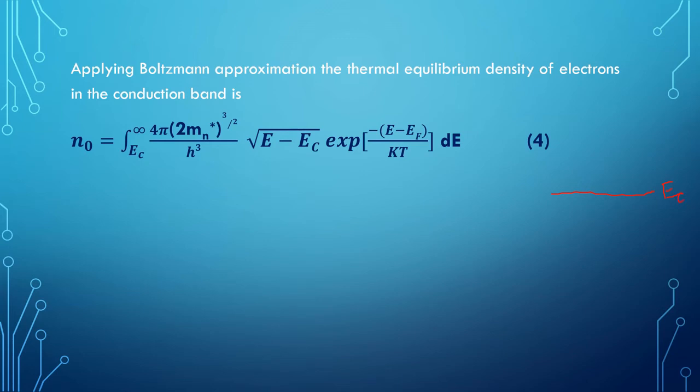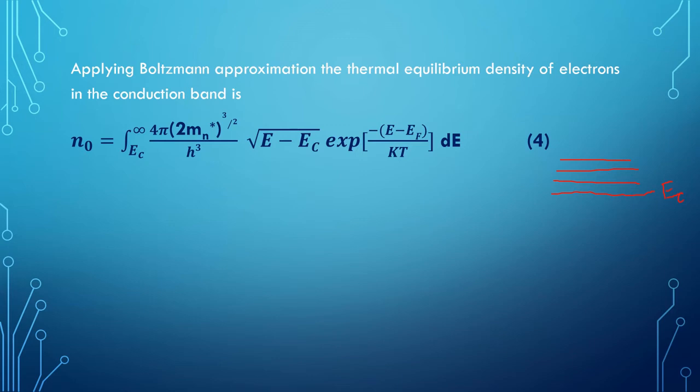The integration lower limit is EC, and the upper limit of integration should be the top of the allowed conduction band energy. Here we consider the discrete allowed energy states, so the top of the allowed conduction band energy is the upper limit of the integration.